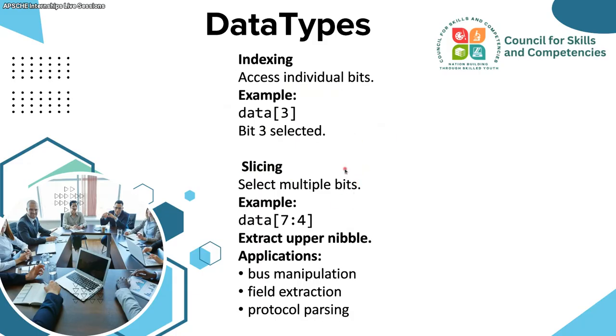For example, to access the upper 4 bits, we can use the slicing operator, data of 7 colon 4, which extracts the upper nibble. Slicing helps in bus manipulation, field extraction, and protocol parsing.